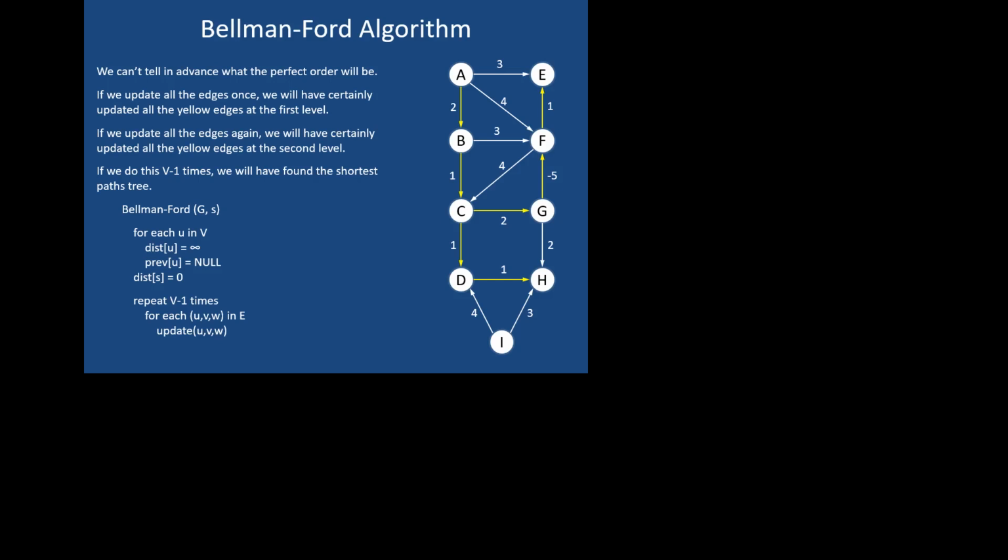You don't know it yet, but you found it. The next time through, you're going to update every edge, and if nothing about the tree changes, none of the update operations change either array, there's no point continuing because you found the solution. So if you do a pass where nothing changes anymore, you can quit. Or if you do V minus 1 passes, you can quit. Either one, you're at the end.